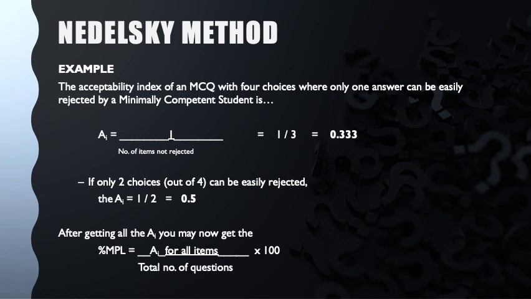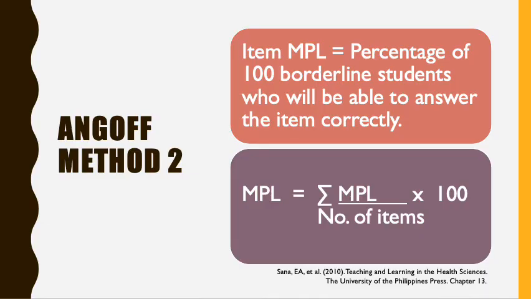You count how many items the student can easily reject as an answer, and then compute for the AI, and finally the summation of the M. In the Angoff method, you just get the item MPL by putting yourself in the position of the borderline student and thinking how much percentage of 100 borderline students would be able to get the answer correctly.